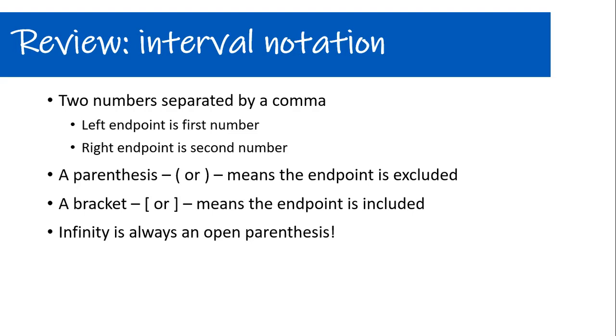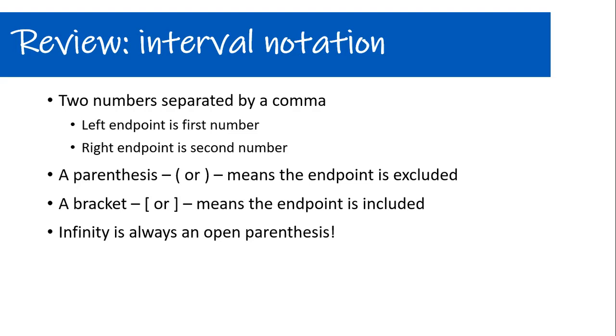Okay, so if we're talking about an upper endpoint of 3, and we had a parenthesis, that would mean 2.99, 2.99999, all the way up to 2.99999 forever, but does not include 3. Okay, so it stops at 2.99 infinitely many times.